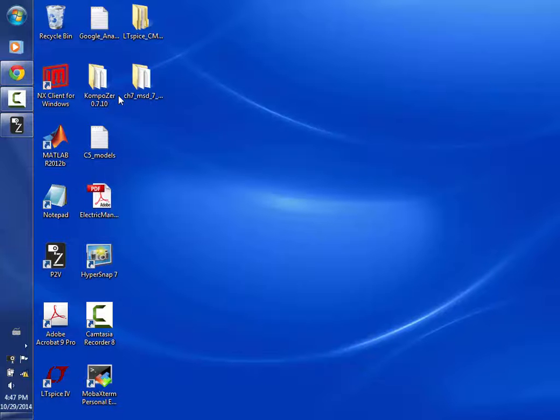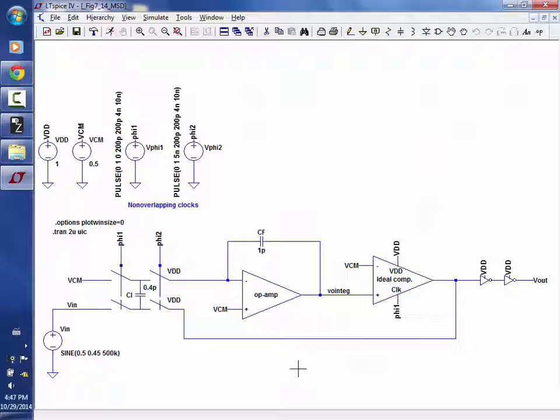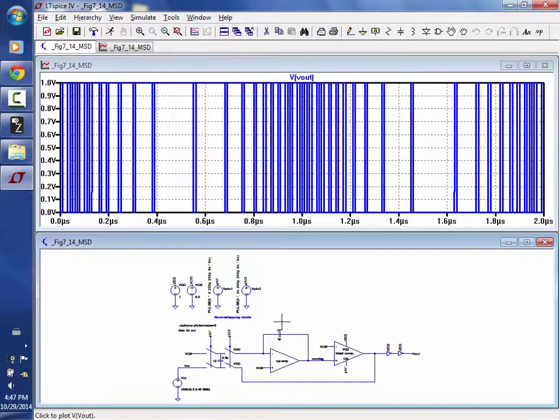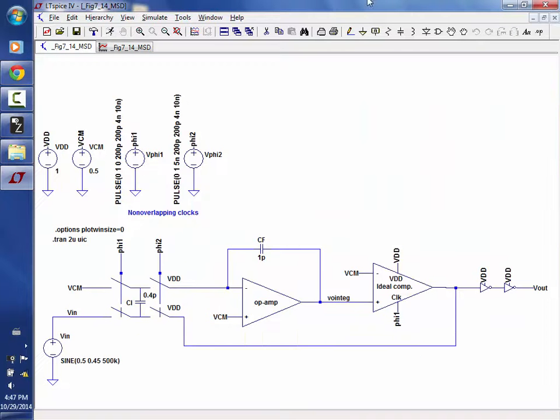Okay, I'll prove it. Let's go look at figure 7.14 again. And let's put some ridiculous offsets in there. Let's do it for the comparator first. Let's show what it looks like. Output, input, and you know what? Let's throw a filter on there so I can see some filtering, because I don't like looking at ones and zeros.